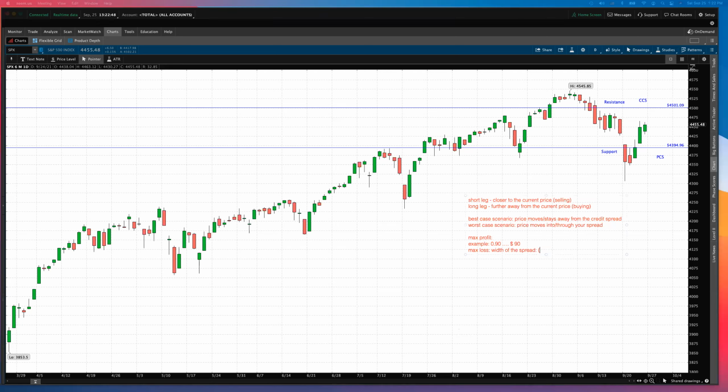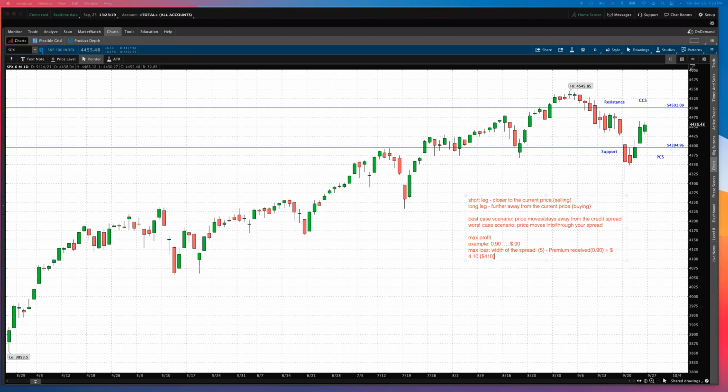So the width of the spread is 5, and we minus the premium received, right? Premium received was 0.90. So that's equal to how much? $4.10, or if you want to talk in terms of real world dollars, that's $410.